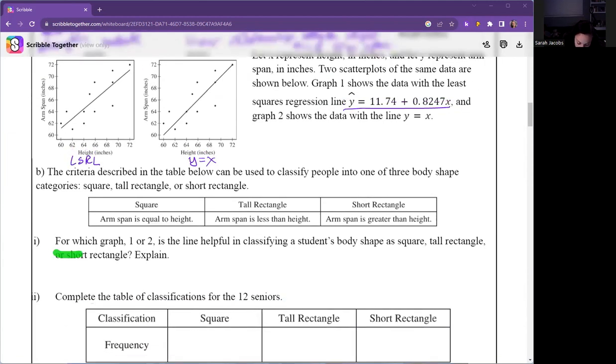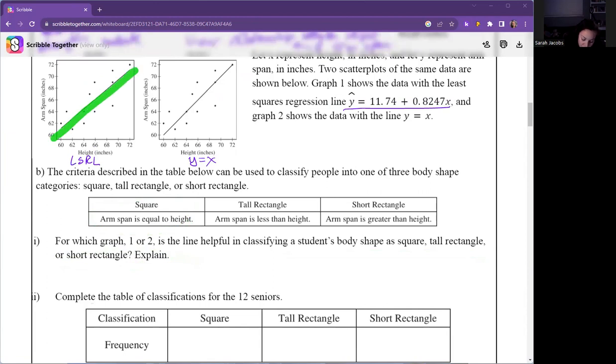So first part, for which graph, 1 or 2, is the line helpful in classifying a student's body shape as square, tall rectangle, or short rectangle? So square is particularly helpful here. Arm span is equal to height.